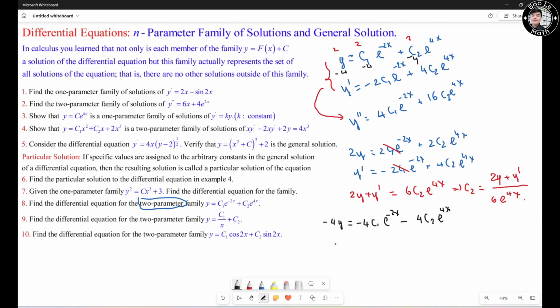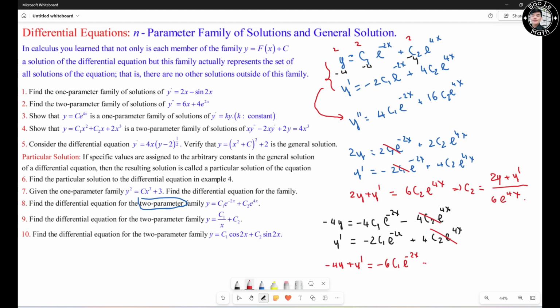I rewrite the second equation, y prime equals negative 2 c1 e to the negative 2x plus 4 c2 e to the 4x. This cancels out. Adding them up, it turns out to be negative 4y plus y prime equals negative 6 c1 e to the negative 2x.